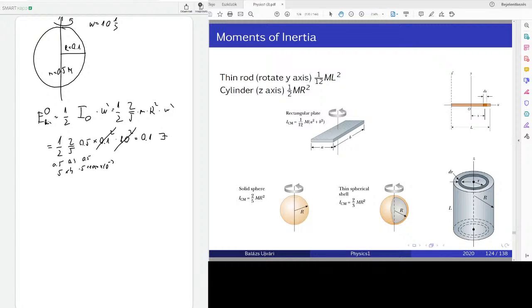Compare with the translational kinetic energy when this ball moves at, let's say, 10 meters per second, but that also won't be that large. What is the translational kinetic energy? 1 over 2 mv square, with the same mass, 0.5 times 0.5 times 10 square, this is 0.25, this is 100, this is 25 joule.